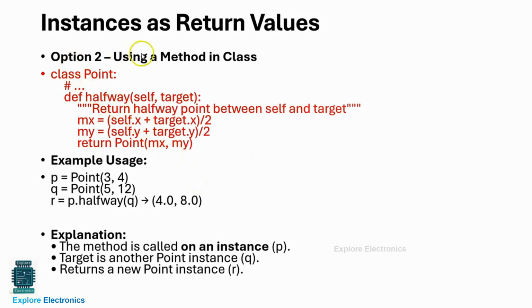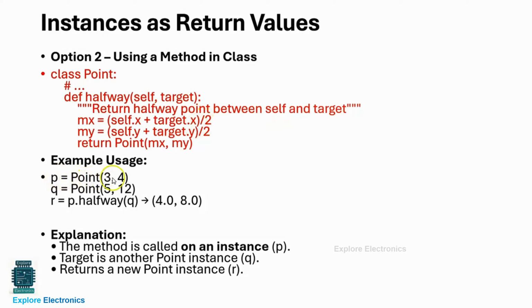The second option is using a method in a class. Here also, in class Point, define halfway(self, target). It returns the halfway point between self and target. Here we are taking self and target instead of p1 and p2: (self.x + target.x) / 2.